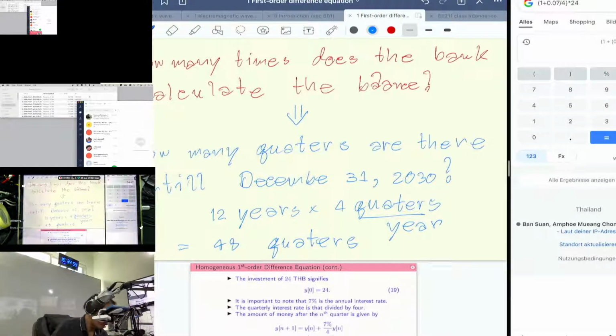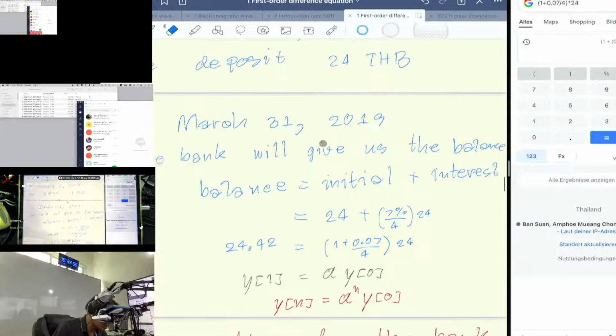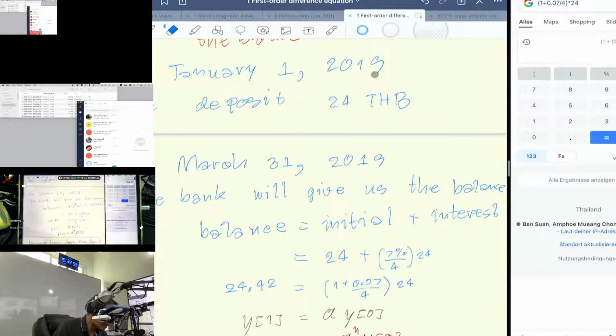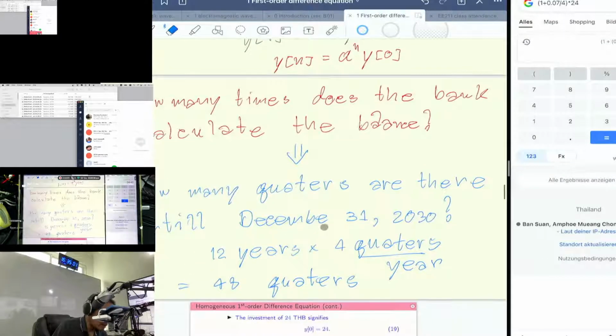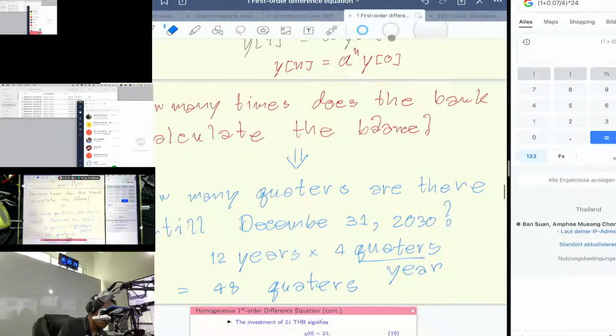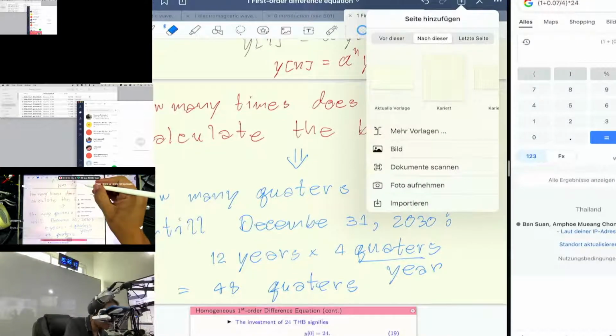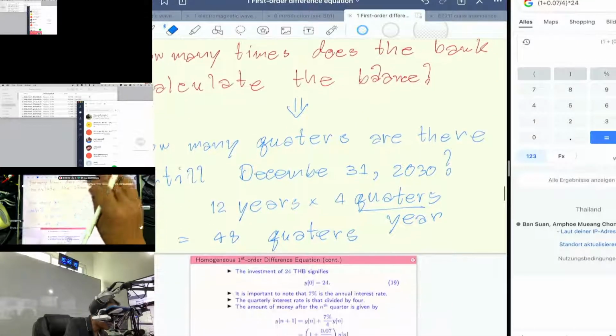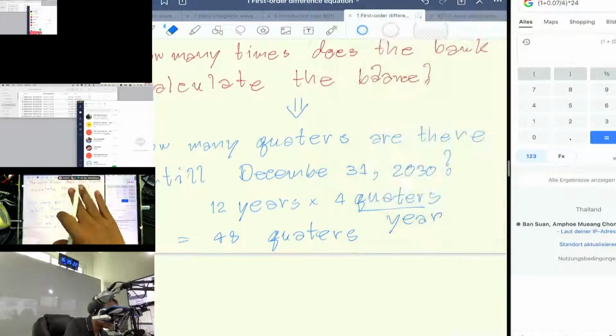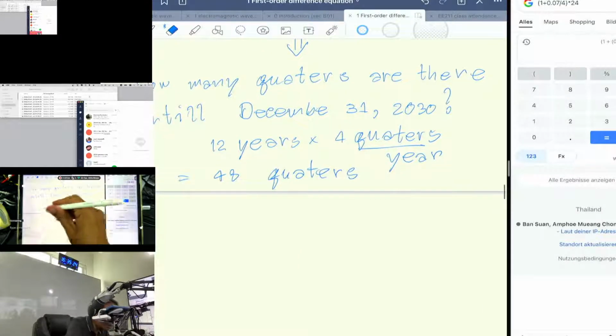From January 1st, 2019 until December 31st, the last day of 2030, there will be 48 quarters. So we have to calculate the balance 48 times. The number n to calculate is 48.